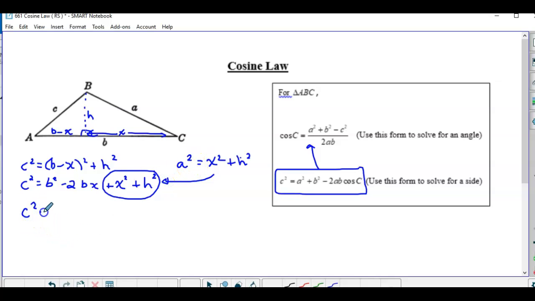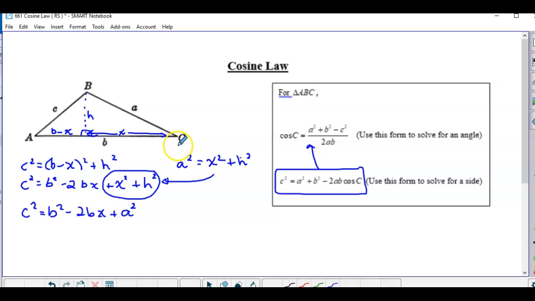So now I'll have b squared minus 2bx plus a squared. So I've almost got it into a's, b's, and c's, except I've got this x here. And I do have to include an angle. So it is called the cosine law.